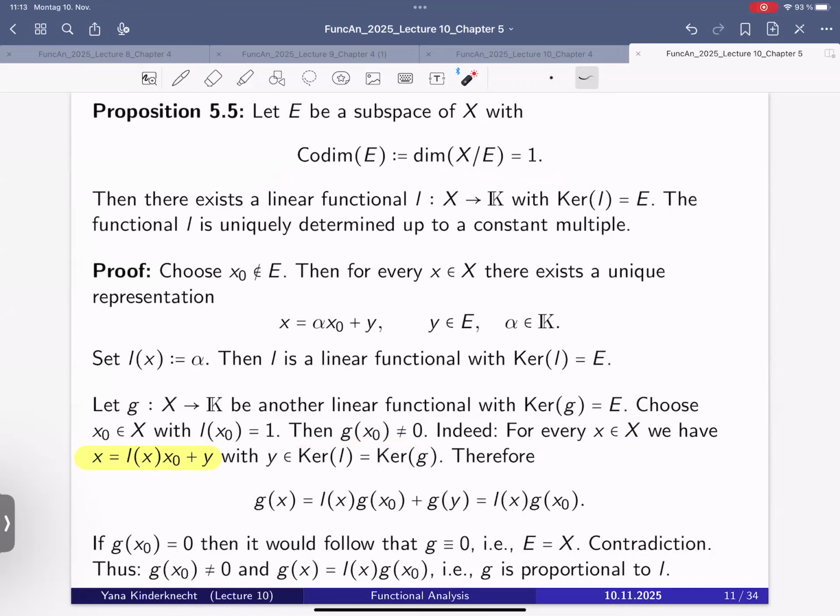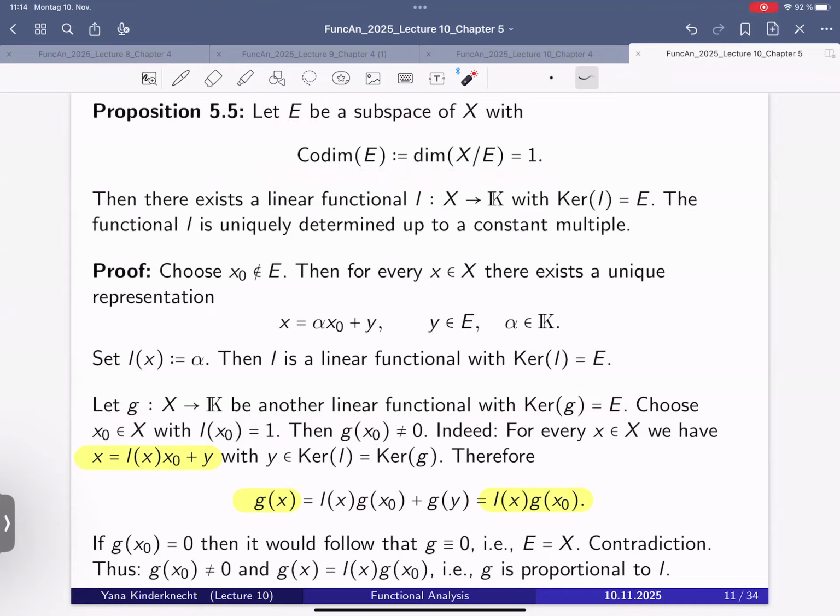And we have also shown that G of x is given like this. That is, any other functional satisfying this condition is proportional to L with some constant. This is exactly the claim. So we have taken any subspace E with codimension 1.